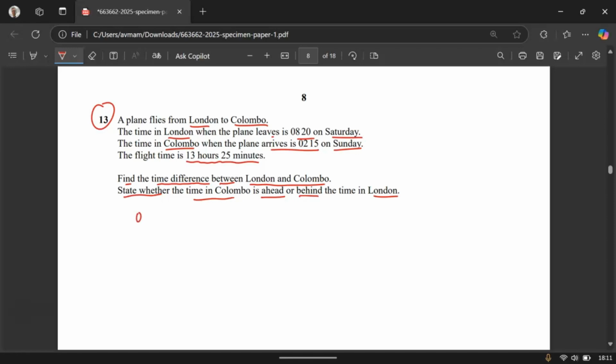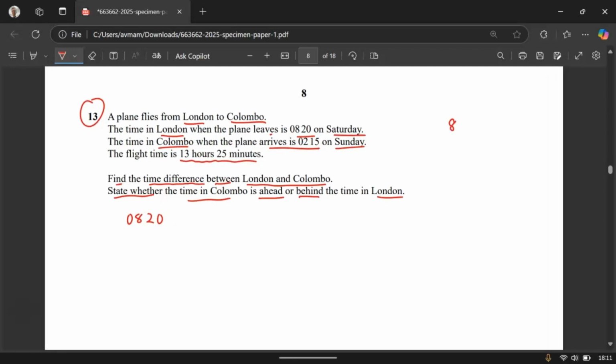You're starting at 08:20, that's in the morning. This time is given in 24-hour format. So that's the same as 8:20 a.m. Now the flight time is 13 hours and 25 minutes. Let's split 13 hours and 25 minutes into parts.